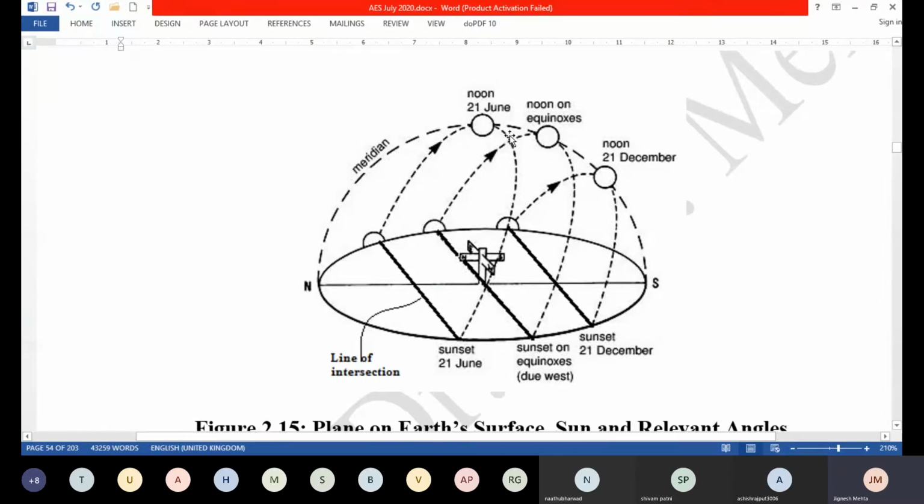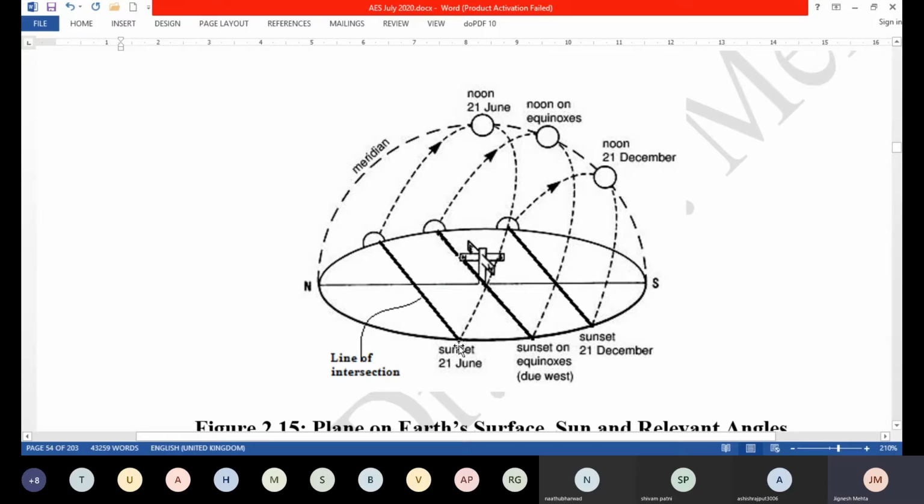And as you might have noticed, this is the plane in which the sun is moving. If you consider a plane passing through that arc, what you find is that the intersection of that arc will be on the northern side in summer, it will be on the southern side in winter, and it will pass through your point of observation on equinox days. In addition, this plane through which the arc is passing is an inclined plane.